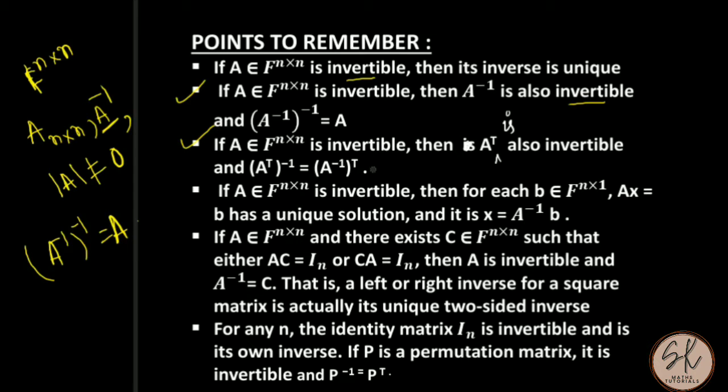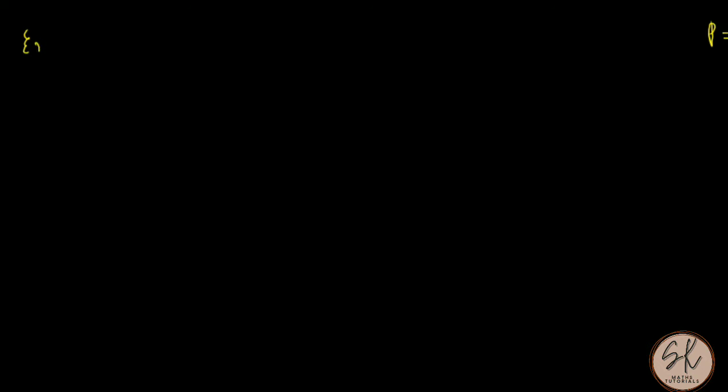Let me prove this through an example. Example: let A be a 2 cross 2 matrix equal to 7, 3, 2, 1.